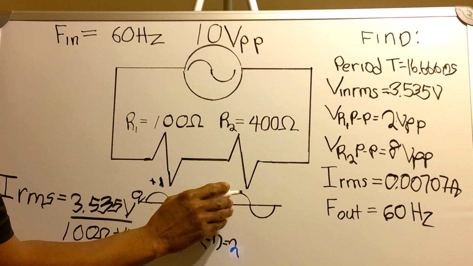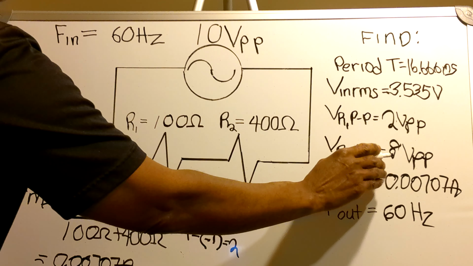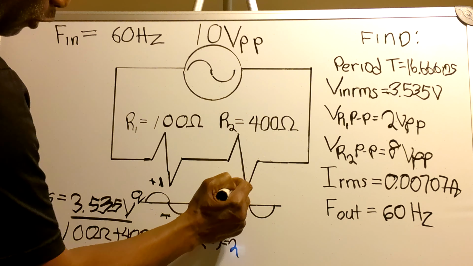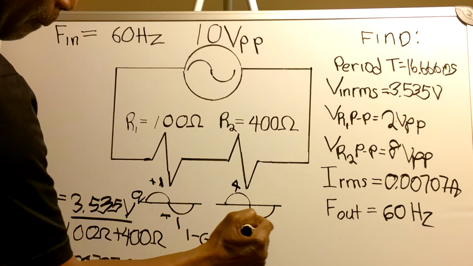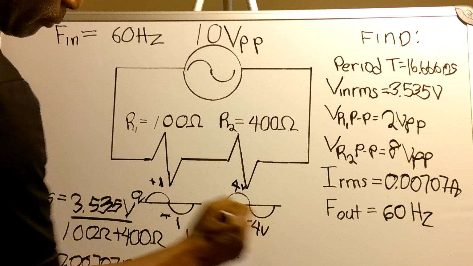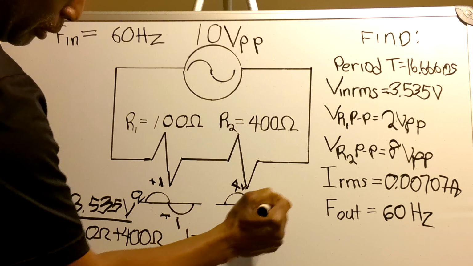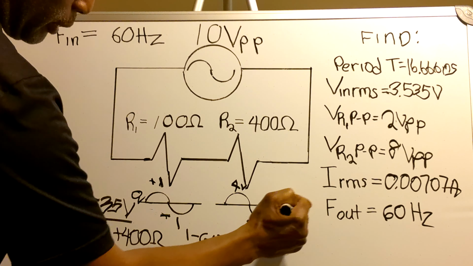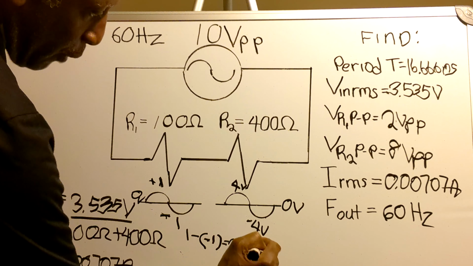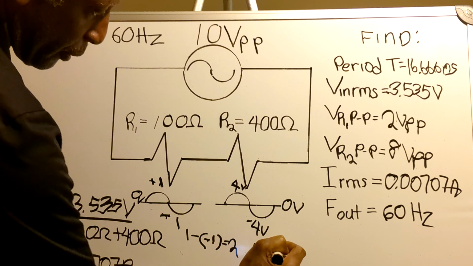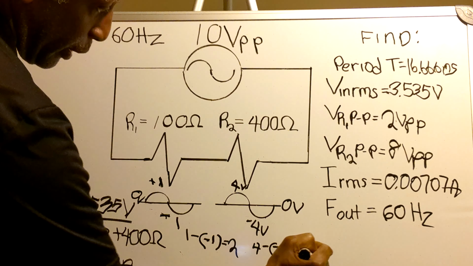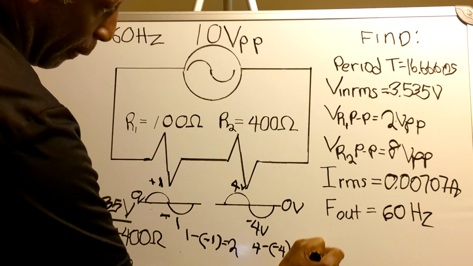On this side, you have 8 volt peak to peak. That means that you have 4 volts here plus 4 minus 4 volts here. And this line in the middle is 0 volts. So you go 4 volts minus a minus 4 volts. That equals 8 volts peak to peak.